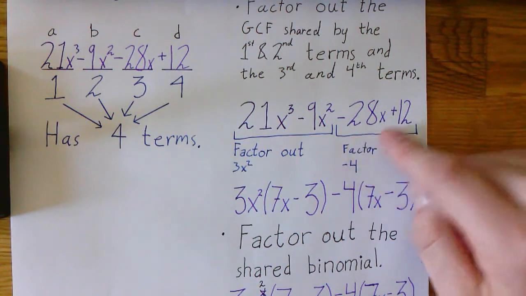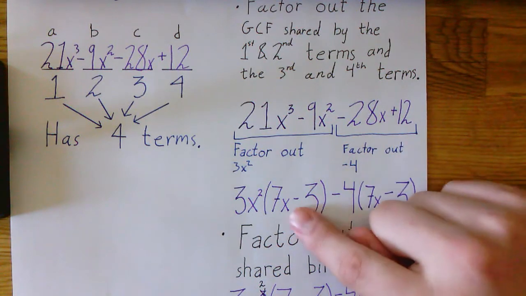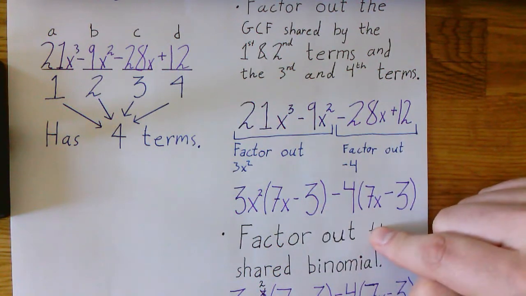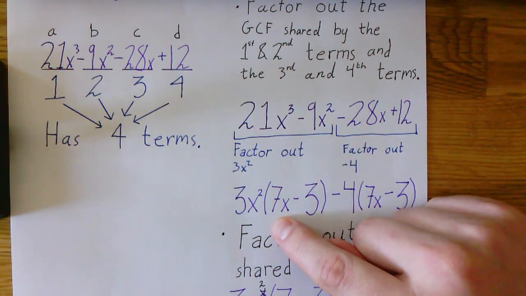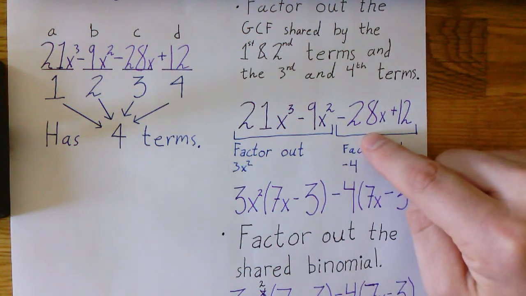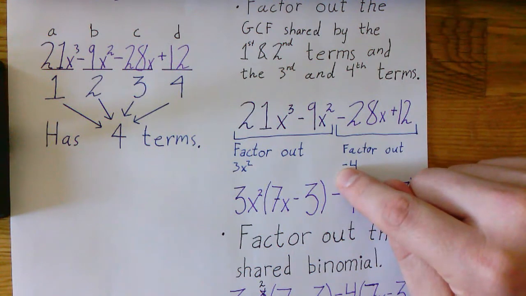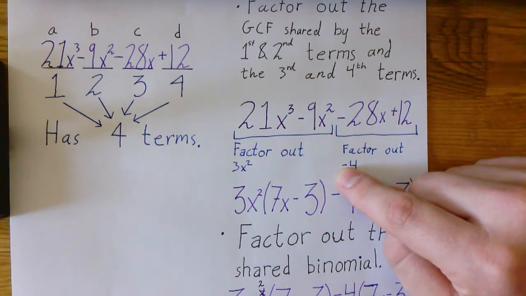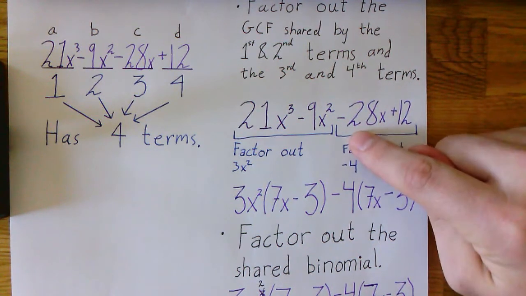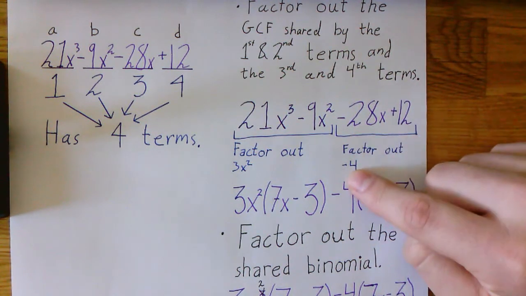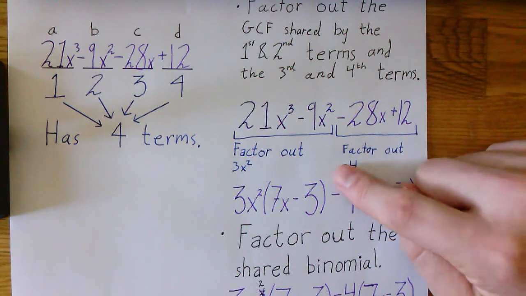Negative 28 and 12. Eventually I'm going to want this and this to match. So you see how that's negative and that's positive? We need to change the sign of this. So I'm going to take a negative out. Whatever I take out, make it negative because we want the sign to change. Okay, what's the GCF of 28 and 12? It's 4. So we're going to take out negative 4.